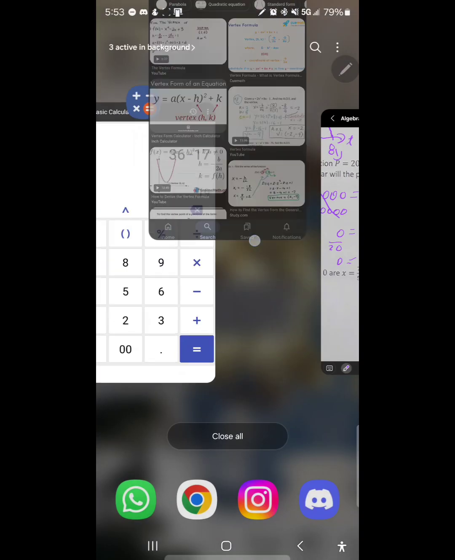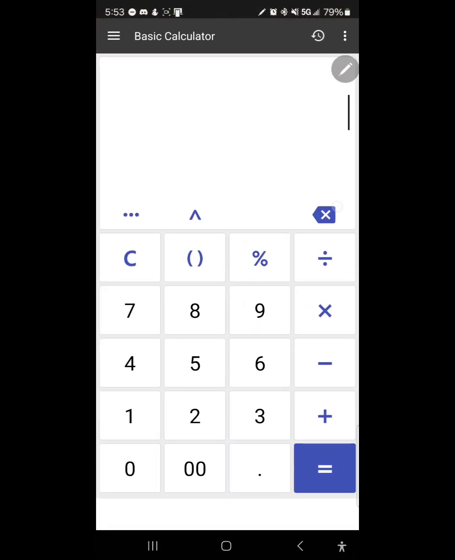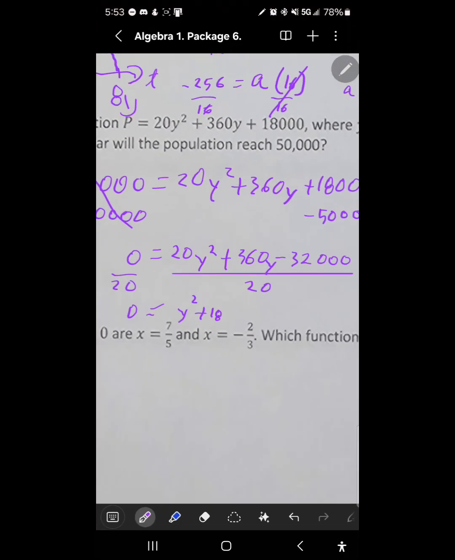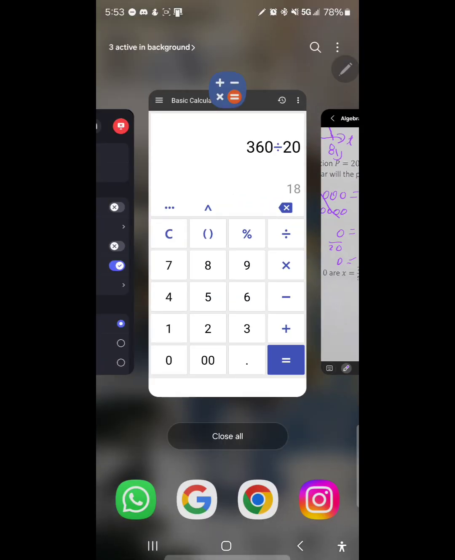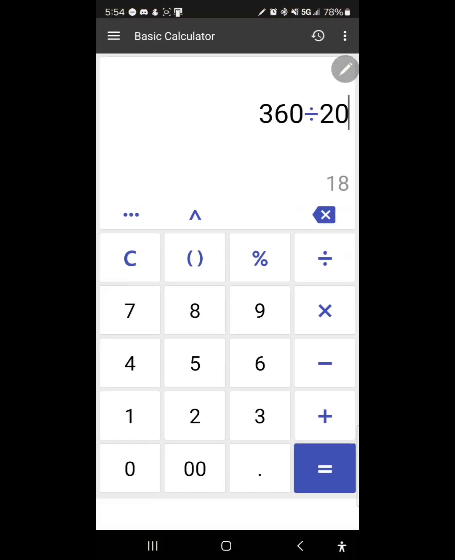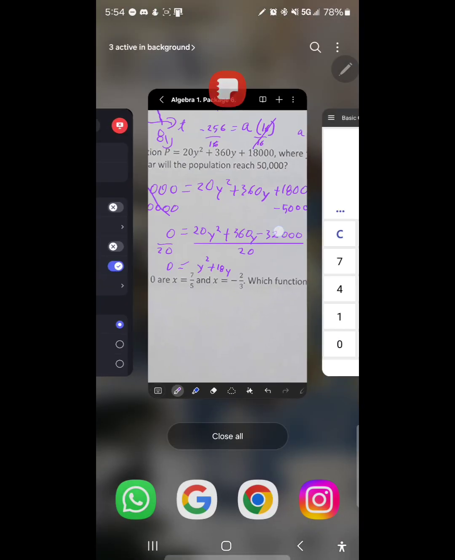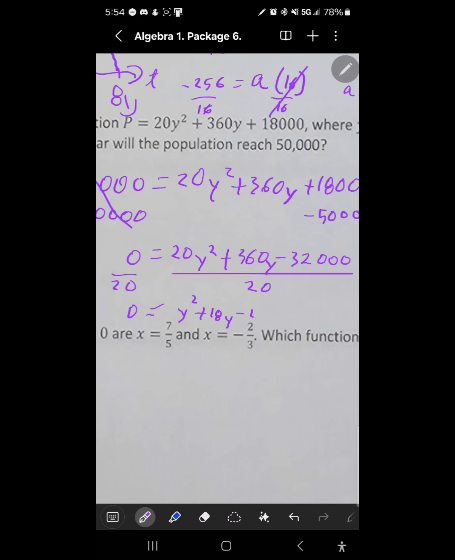You can always use your calculator for this one. So 18y. And then 32,000 divided by 20, that's going to be 1,600 if I'm not mistaken. Yeah, 1,600. So minus 1,600. And this is a lot easier to work with.